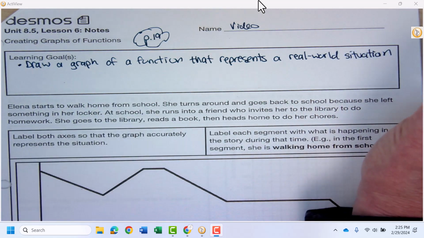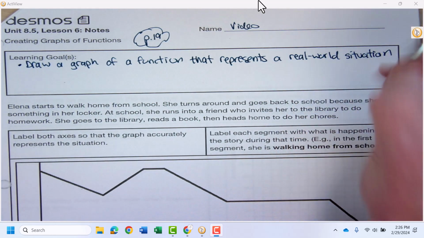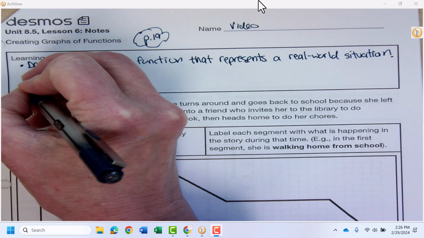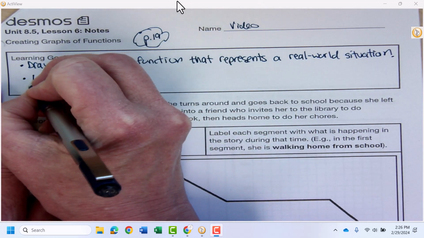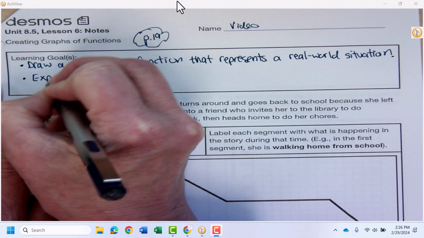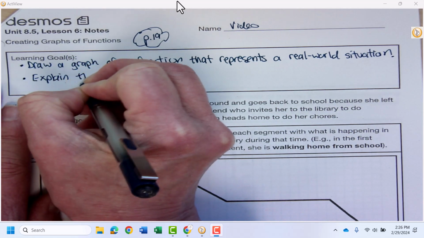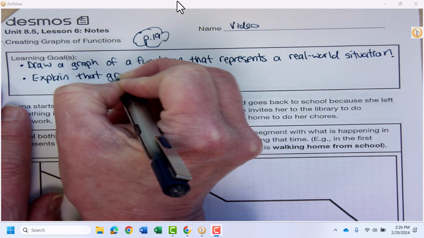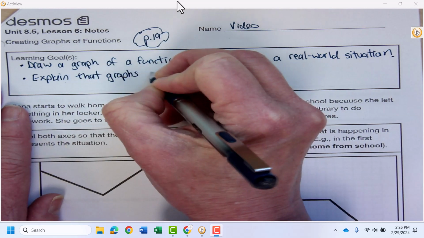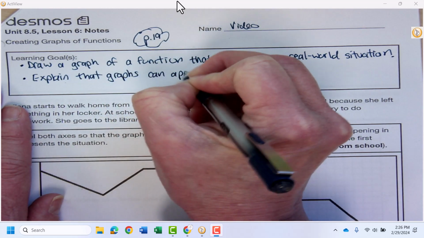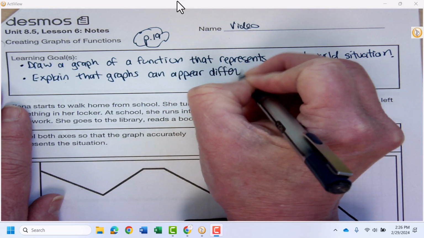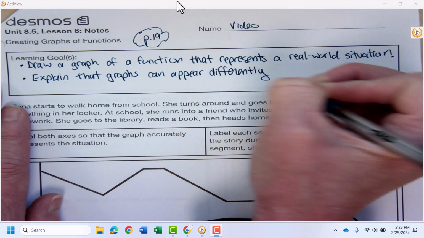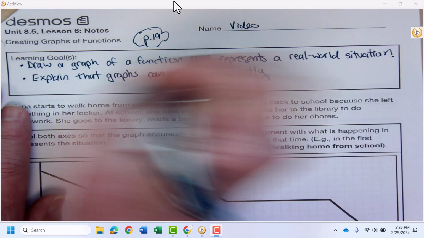And explain that graphs can appear differently depending on the variables that are used.